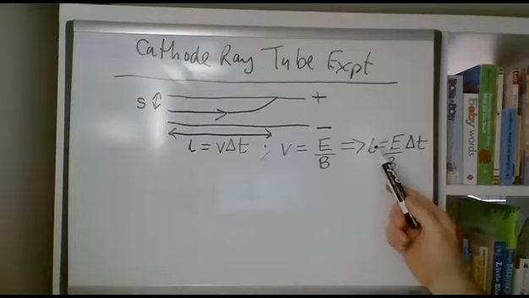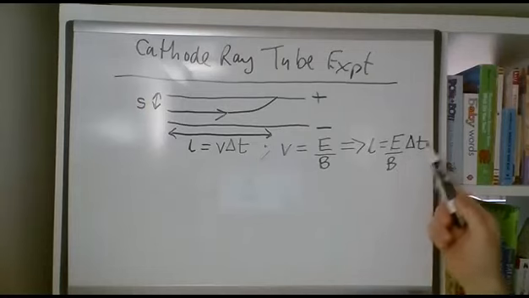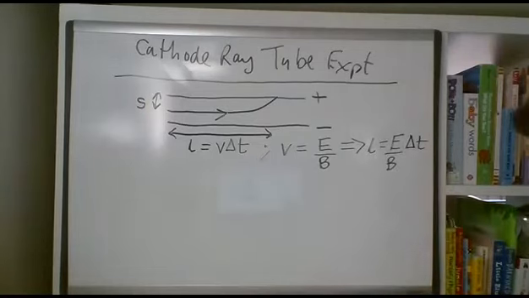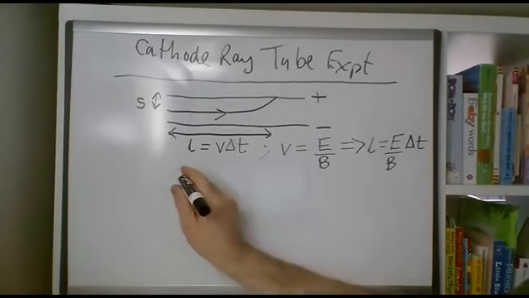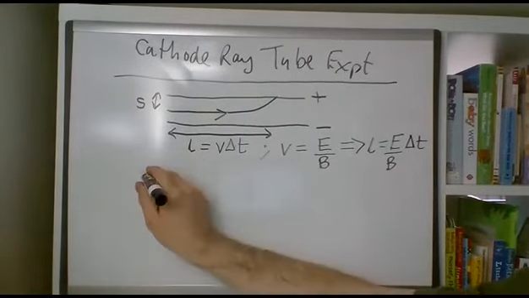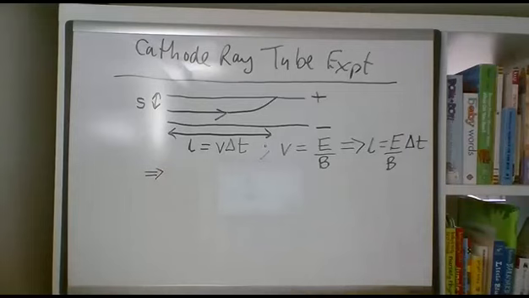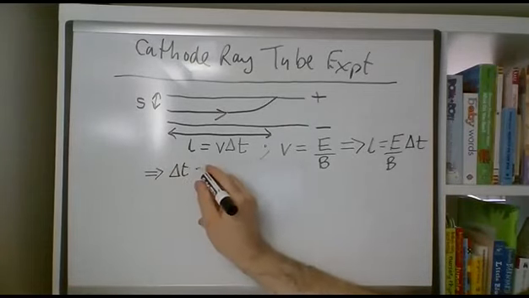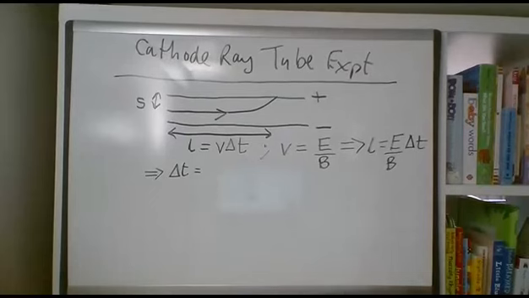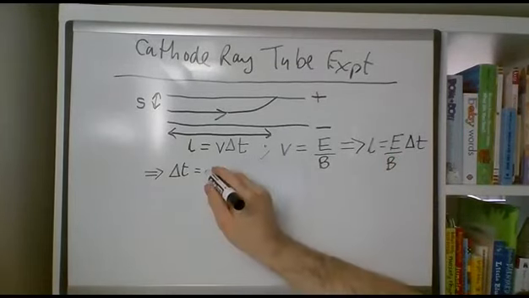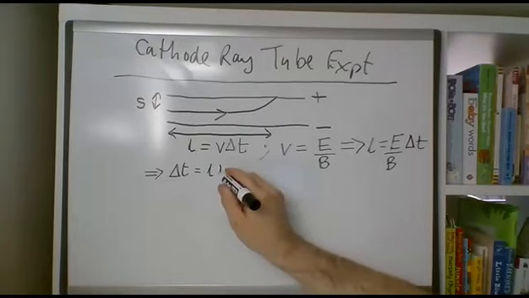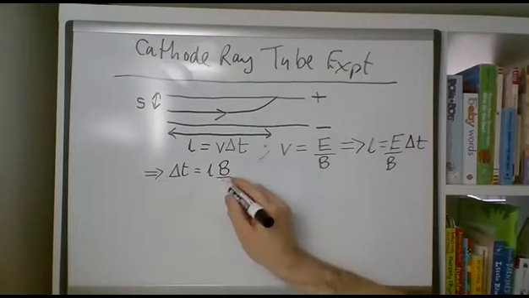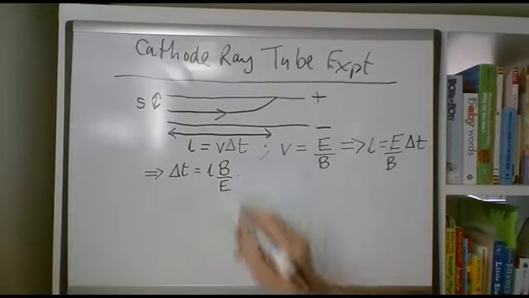He was able to measure the length, and he could measure the time. So everything here was measurable. This implies that the time of travel is just equal to, if we take the B upstairs and the E downstairs, the length of travel multiplied by the ratio of the magnetic field over the electric field.